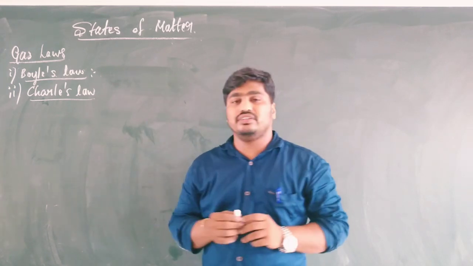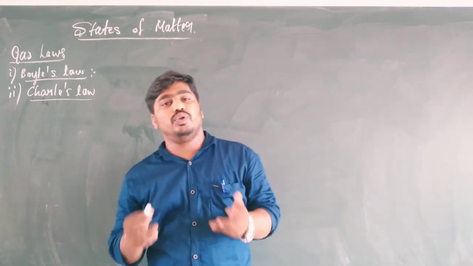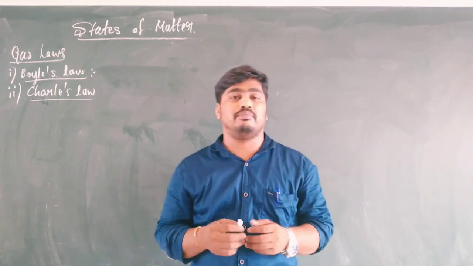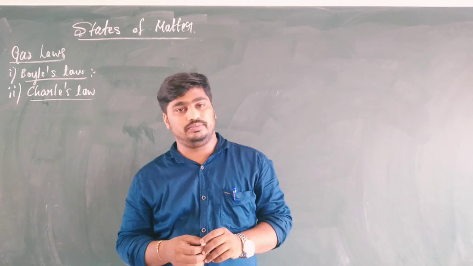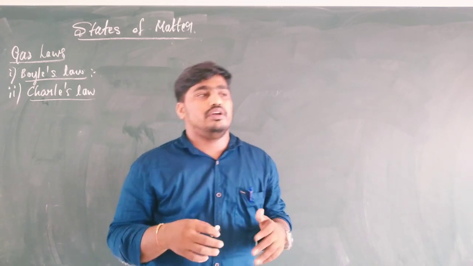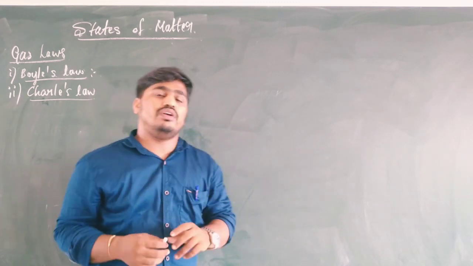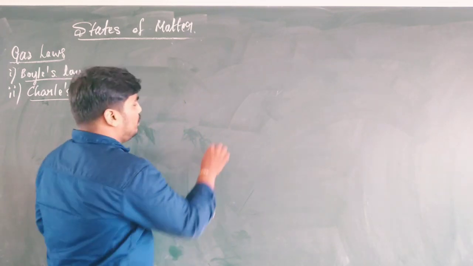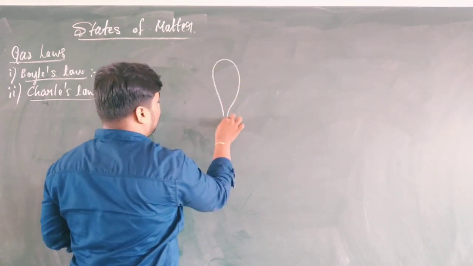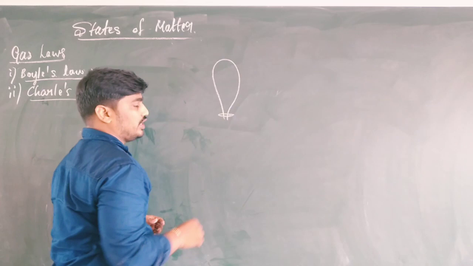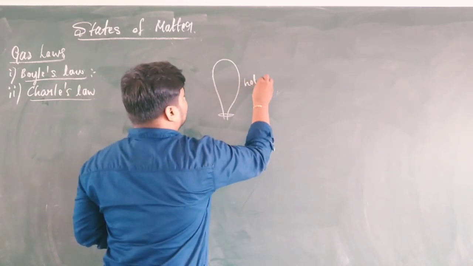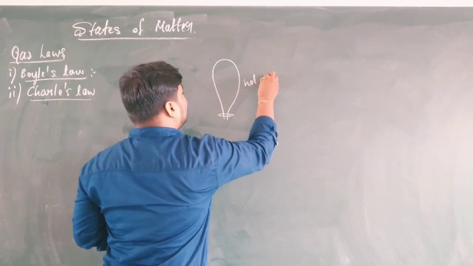This relation was obtained during his experiment by considering a hot air balloon. So, what are the things involved in his experiment? First, he considered a balloon filled with hot air.